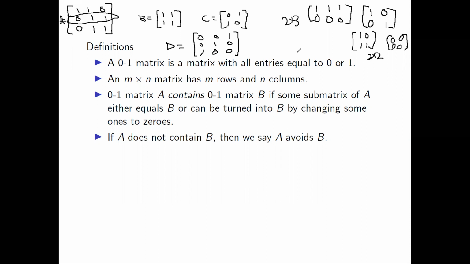So we can take the last two rows and the last two columns, and then we can change this one to a 0 and this one to a 0. So you're allowed to change some ones to zeros if you need to. And that gives us a copy of C in A. So A also contains C.